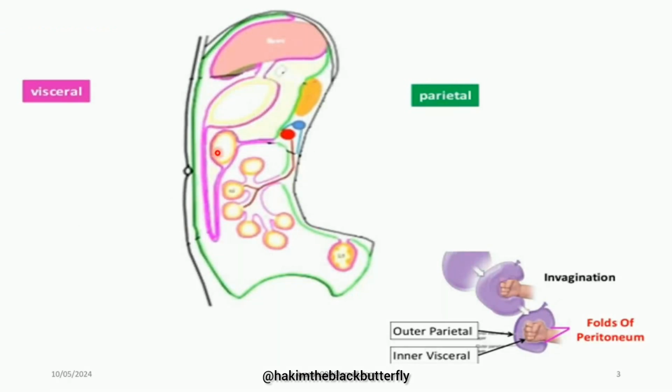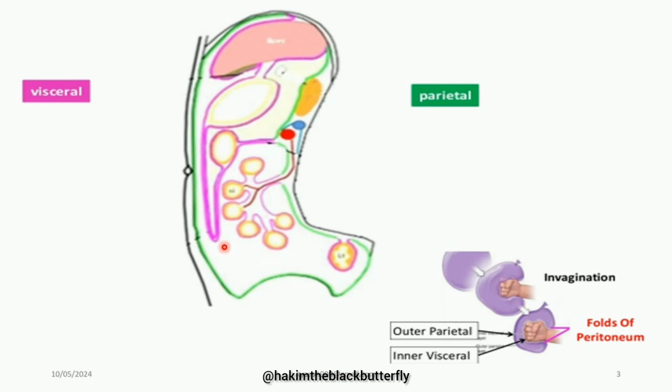Okay, so as we can see, we said we have a part that lines the organs. You can see this in purple here. It reflects onto the wall to become the peritoneum that is going to line the wall. And if you look closely, between the parietal peritoneum and the visceral, there is a space that we call the peritoneal cavity, a space which is going to contain fluid.